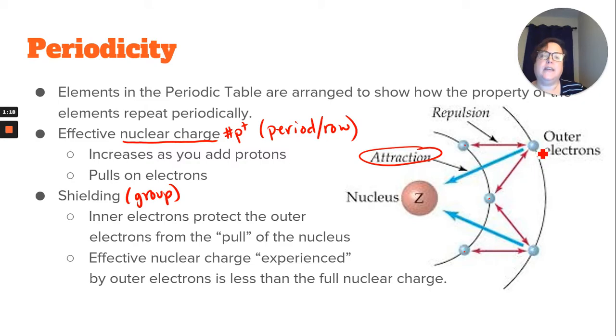And that attraction then to the outer electrons is weakened because of this shielding by the inner electrons. So when you come across a question that's asking about the trends and comparing elements, you really have to be careful about your word choice, and you want to use effective nuclear charge if they're within the same period or row, or shielding if we're talking about them in the same group.